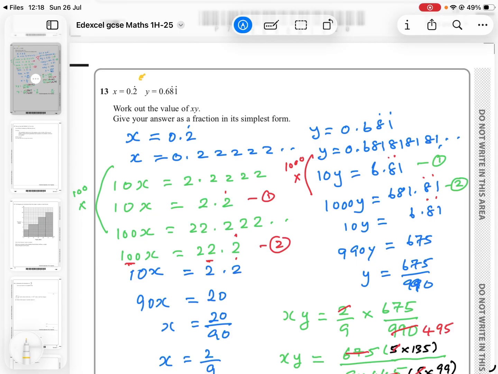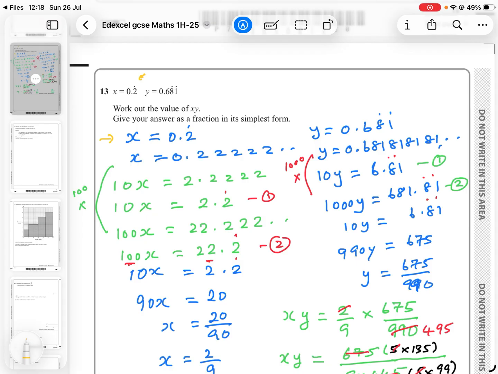Now, x equals 0.2 recurring. It can be written as 0.22222 and so on.